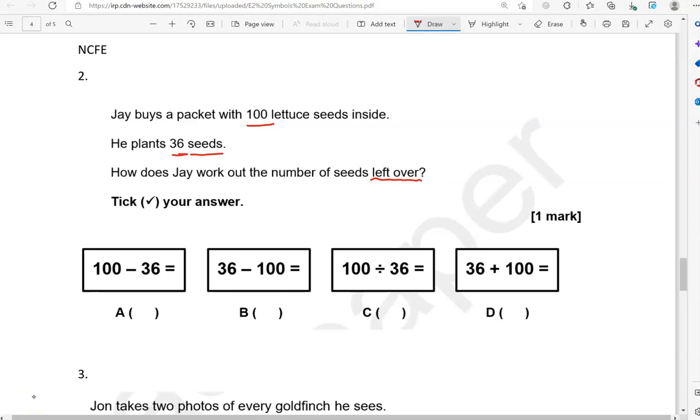So we're going to focus on these first two, A and B. So what was the total? That was 100. We're taking away 36 to work out what's left over. So 100 take away 36, that's this option here, A. The rest of them don't work.